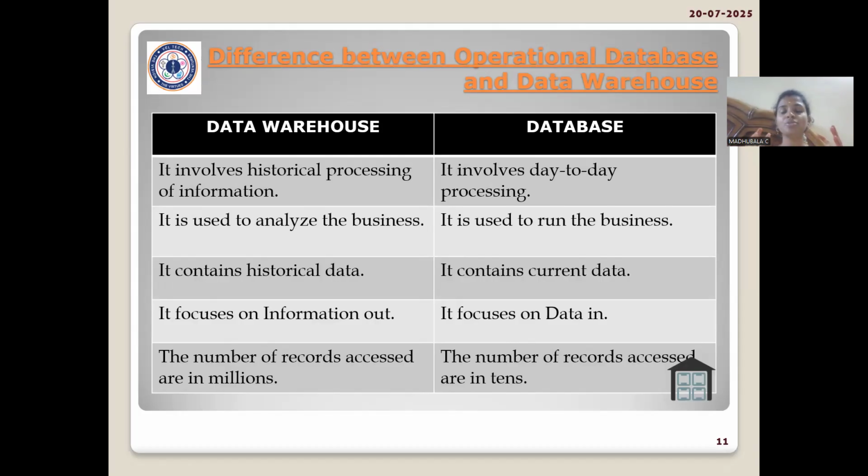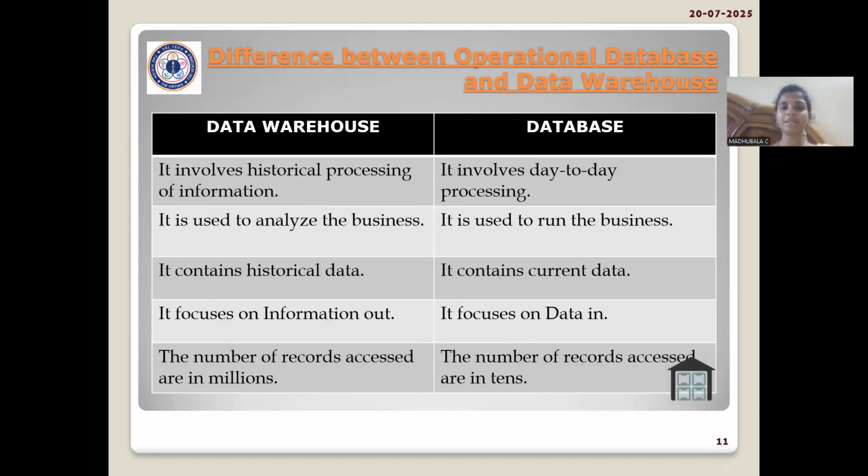It is a huge amount of different kinds of data to be stored in a particular data warehouse, which is simply a centralized repository for accessing our data. And in a database, the number of records accessed is only in tens. But in warehousing, the records accessed are in millions.